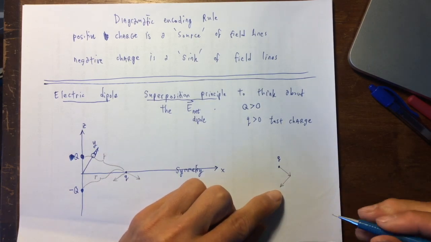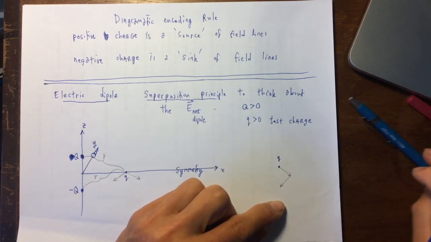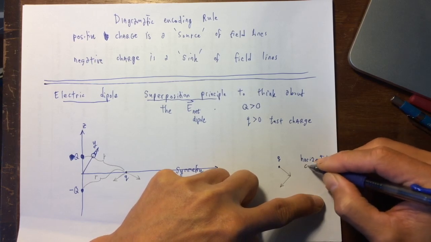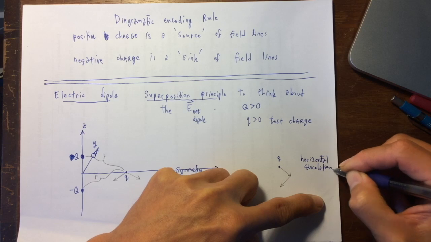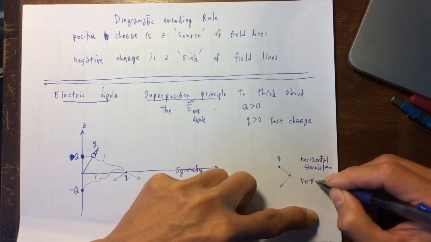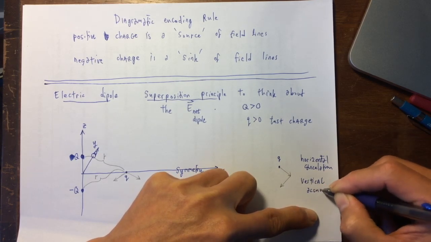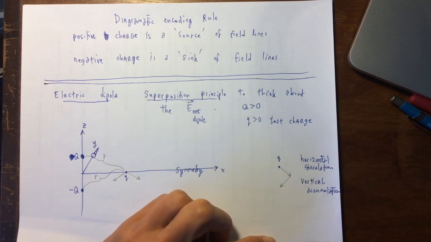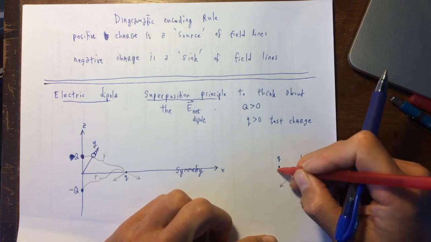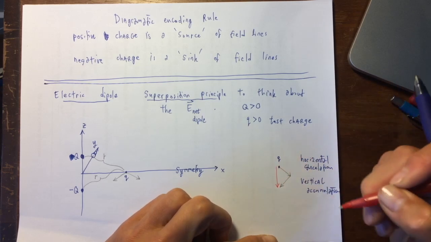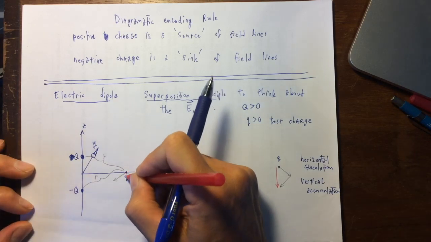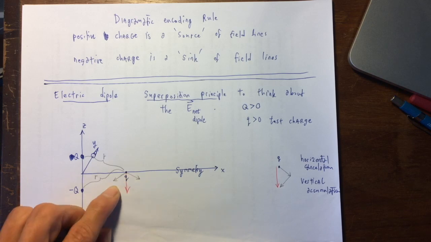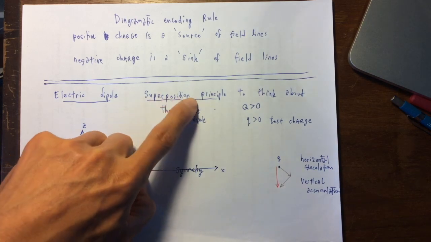What they're always going to do is have a situation where there is horizontal cancellation and vertical accumulation, right? So the net result is the net force on little q is down. So net force on little q is down. Only the vertical components of each of those forces survive the superposition principle.